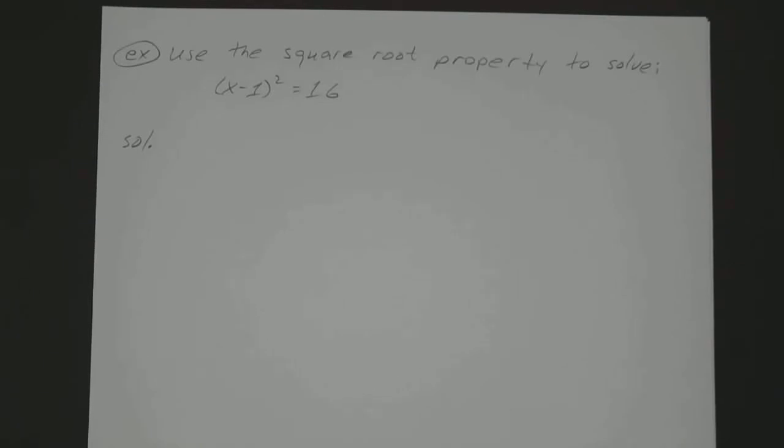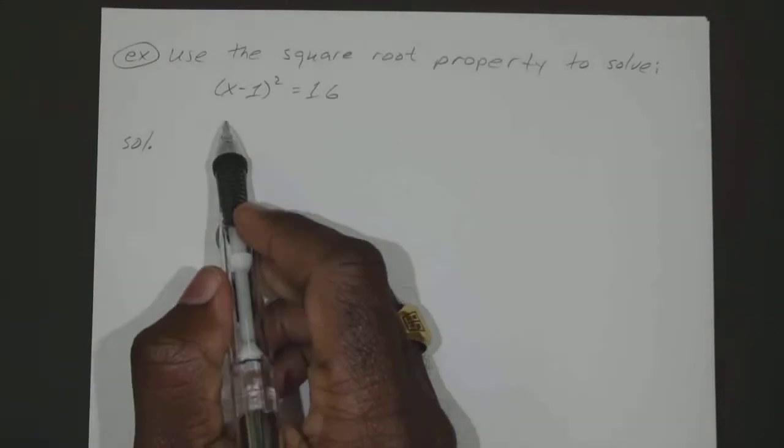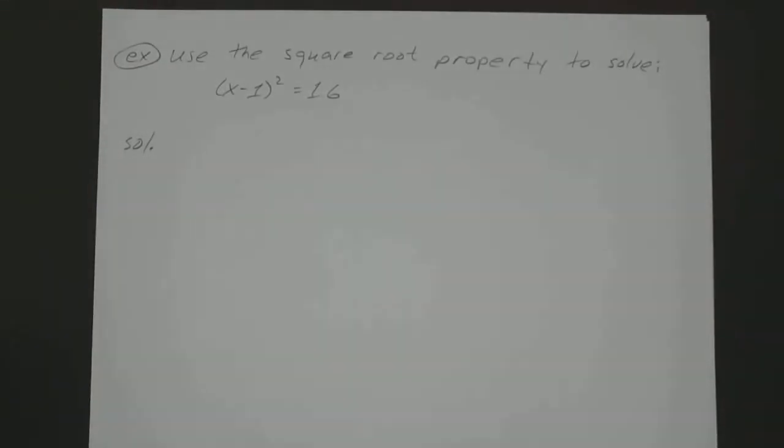Right. So for this one, you can't get the x squared by itself because it's part of something a little bit bigger. So you just want to get that x minus 1 squared by itself. So this is already by itself, so we don't have to worry about that.